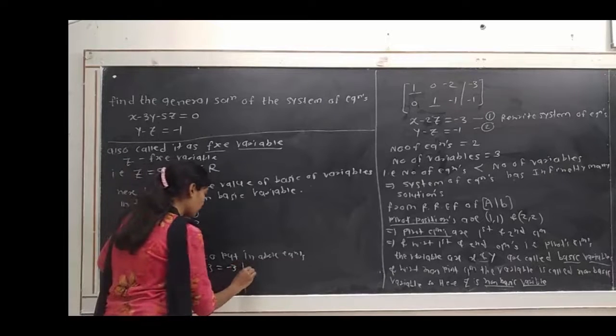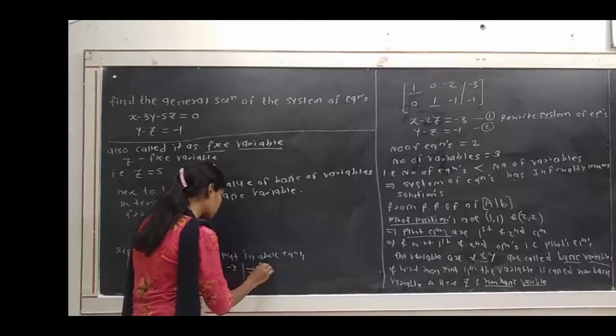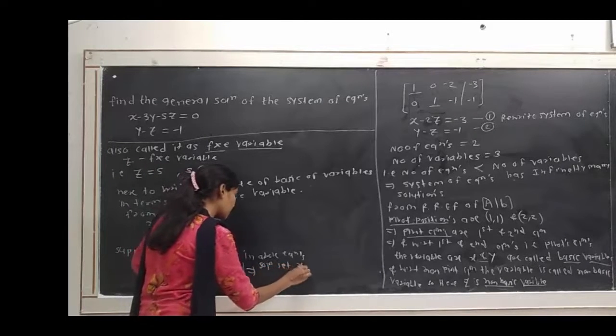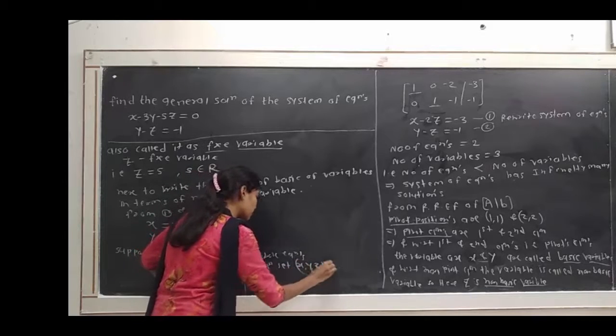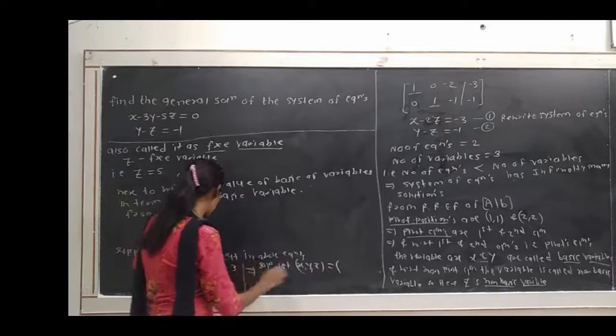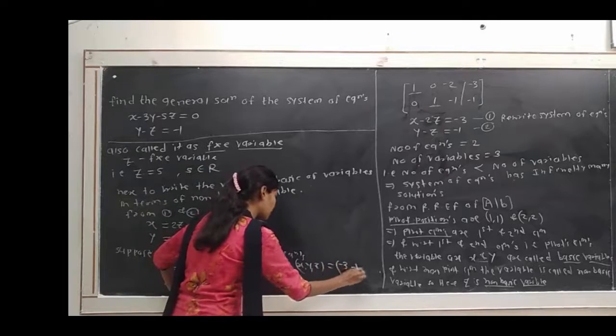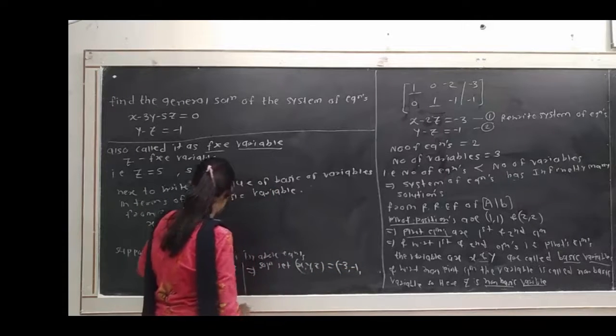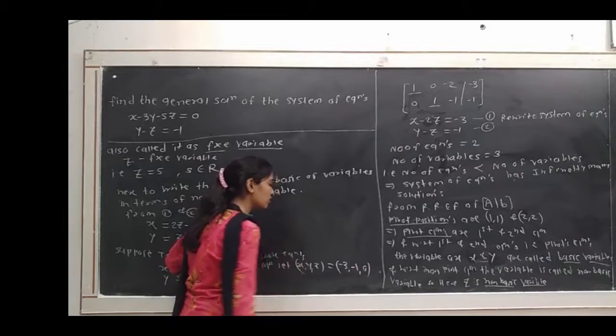So we get the solution set x, y, z: the value of x will be minus 3, the value of y will be minus 1 and the value of z we take here is 0.